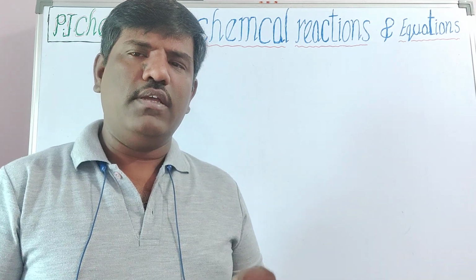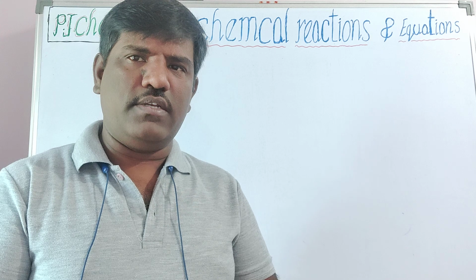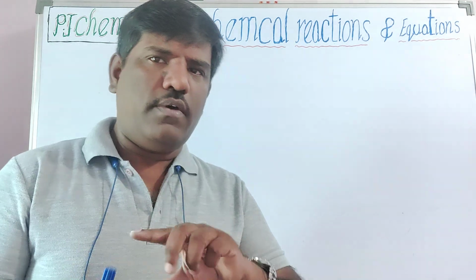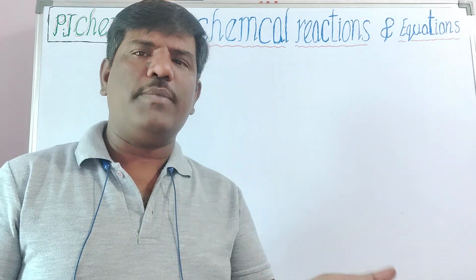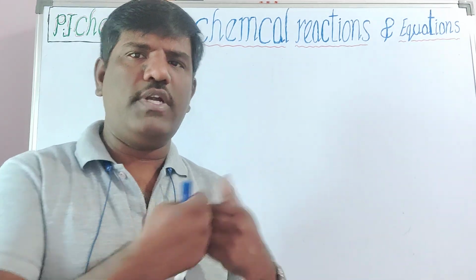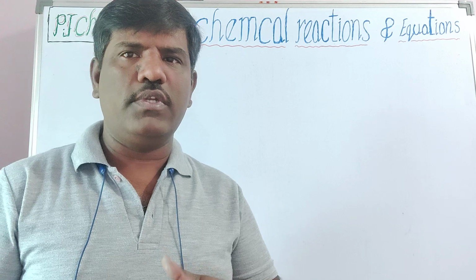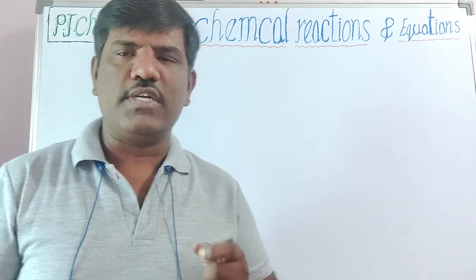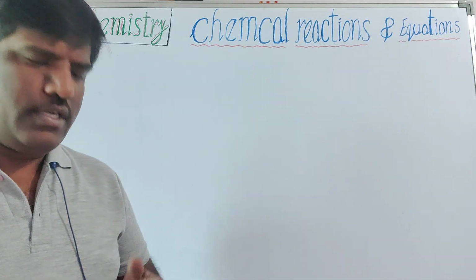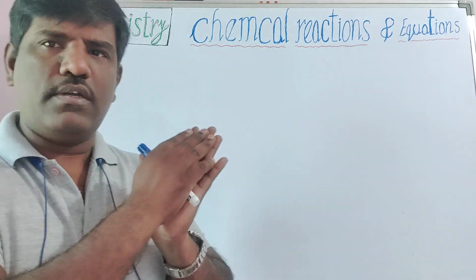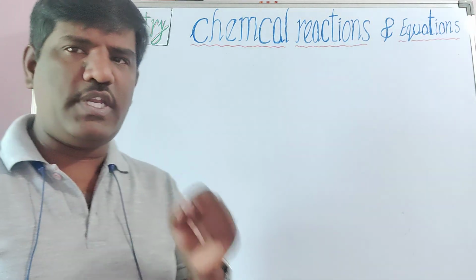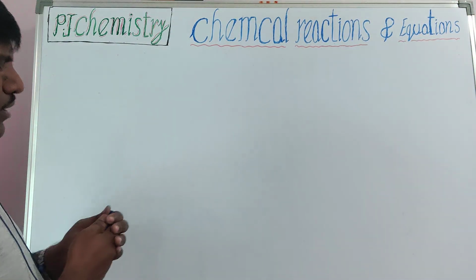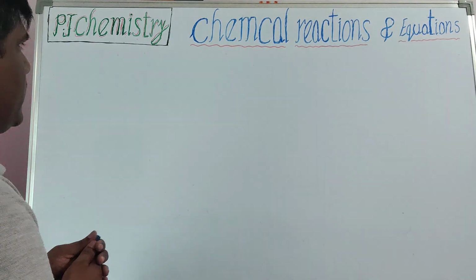In the same way, a reversible reaction takes place on either side, reactant to product or product to reactant, forward as well as backward, and occurs in a closed container. Till now it is just terminology, the main basic information which we use frequently. Now we go through the examples.